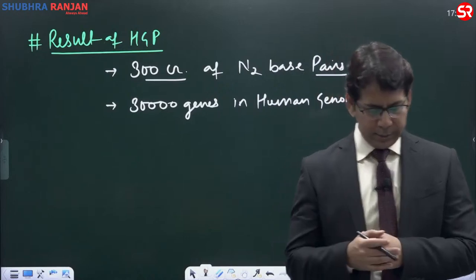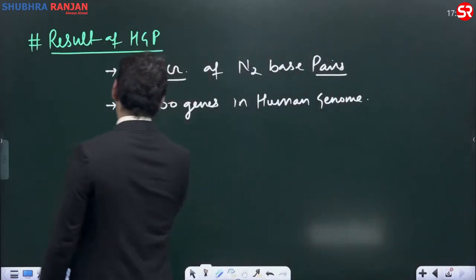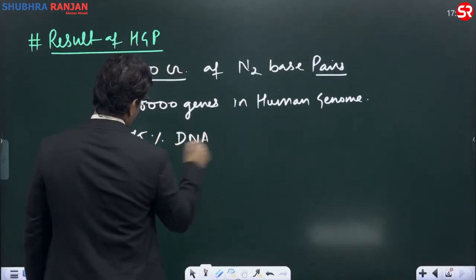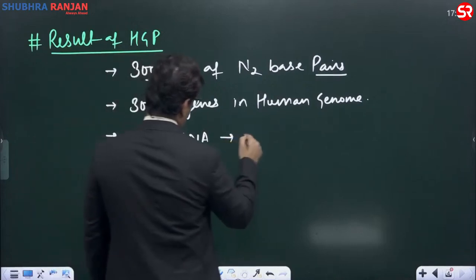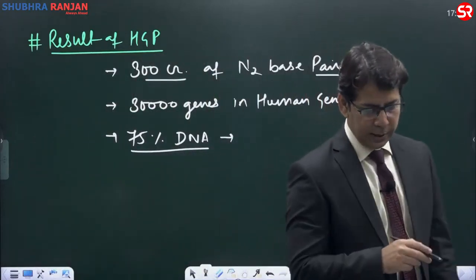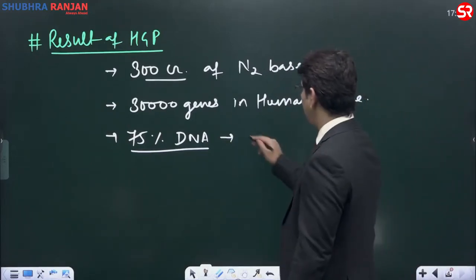So you can write: up to 75% of DNA in human genome is repeated sequence.